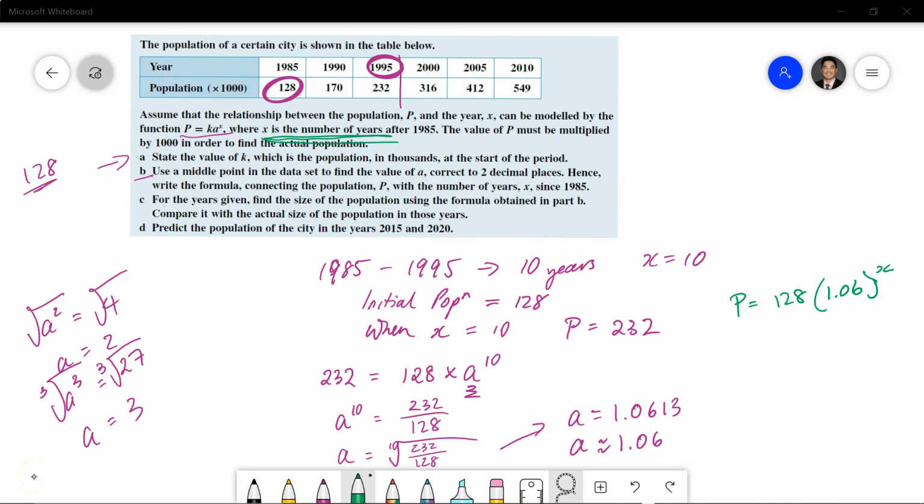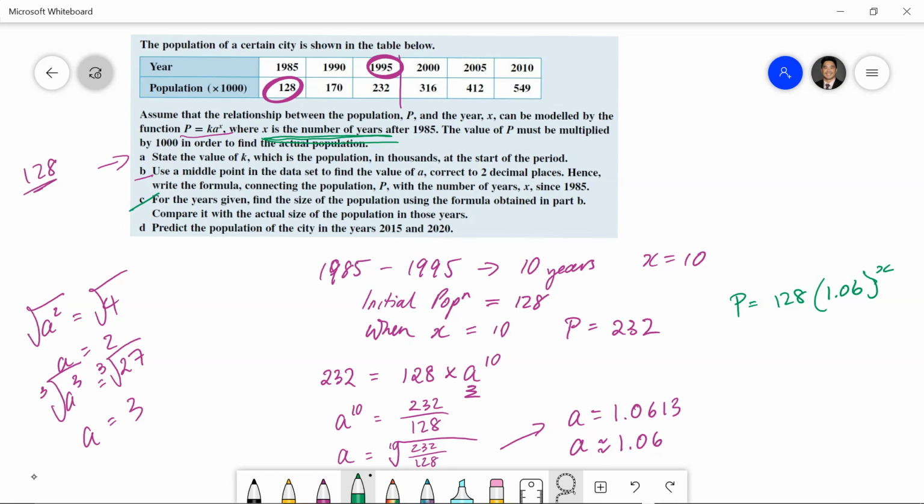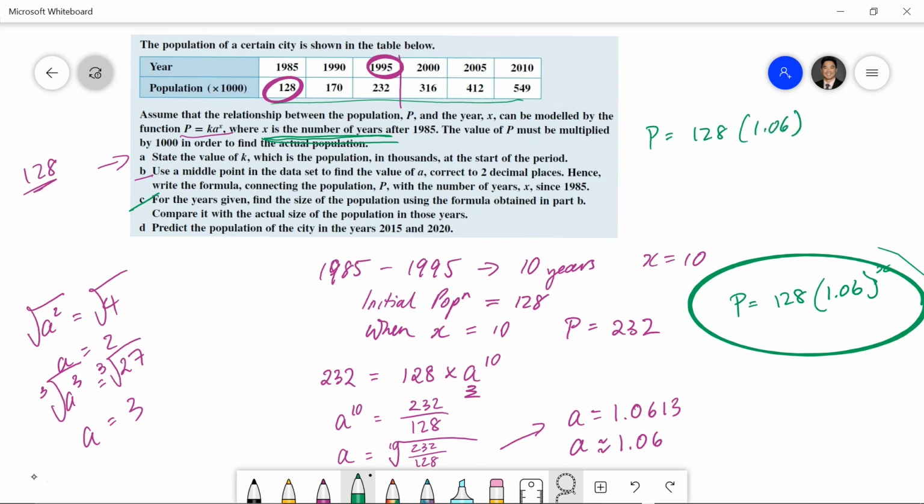With question C, it's asking to use this formula to repopulate the table up the top. So the population is 128 times 1.06, obviously abbreviated, to the power of 0, and that's going to remain as 128.